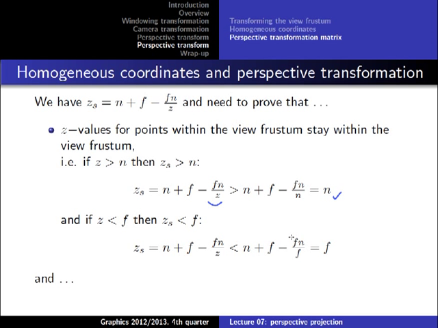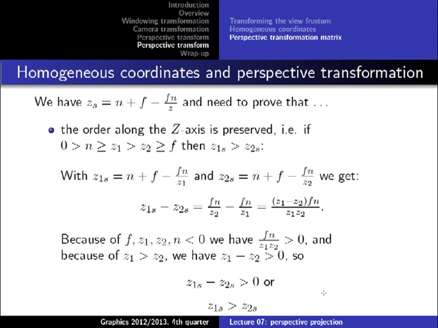So this is correct. It stays behind the near plane. If it is smaller than f, then the z value must also be smaller than f, so it must stay within the view frustum and not go beyond the far plane. And in the same way, f can only increase, which means this will decrease, which means this will always be larger than f. So this is also correct. So the only thing we need to check is if the order within 2 points of the view frustum is preserved.